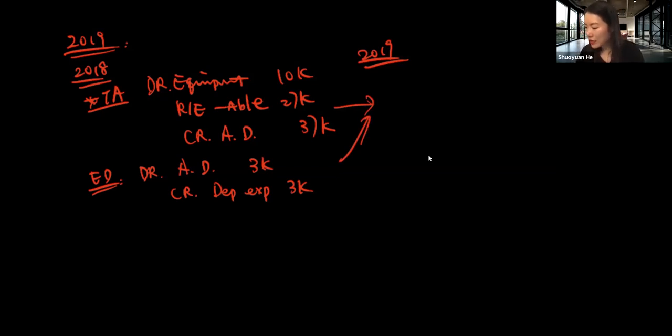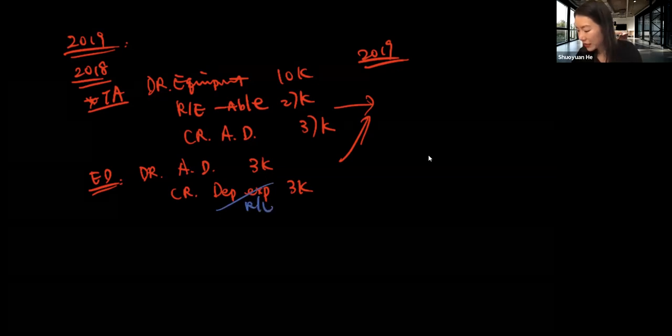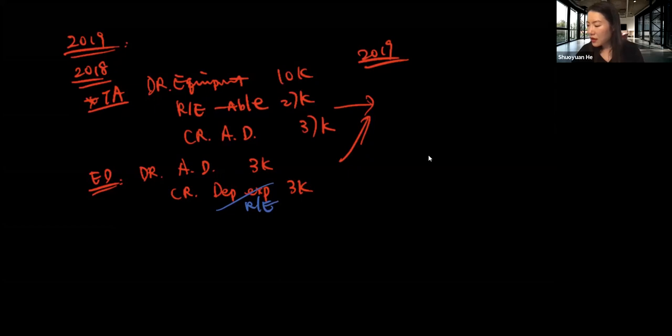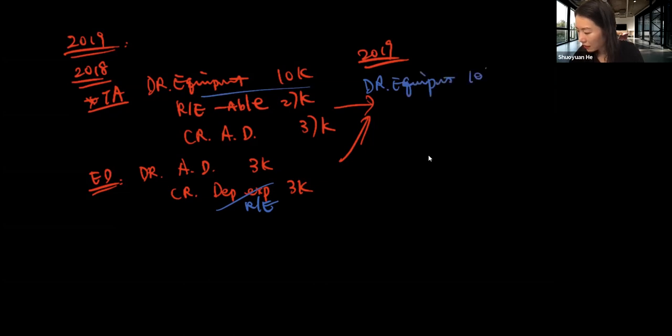We know that depreciation expense is going to be closed into retained earnings, so we can replace it with retained earnings. So we have debit equipment for 10,000 and debit retained earnings 27 minus 3,000.